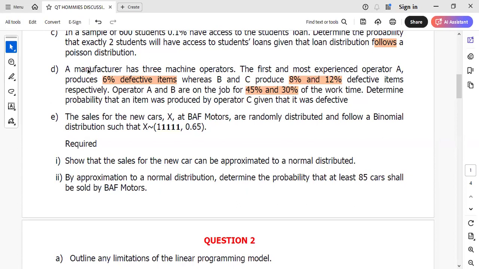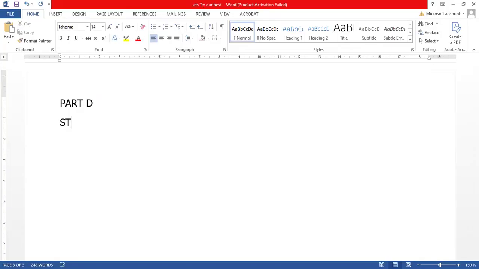And what are the steps that we normally follow? Step 1, define events.